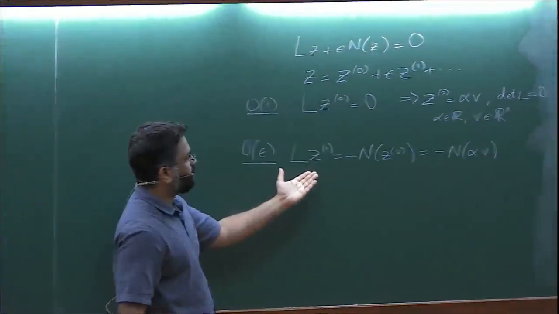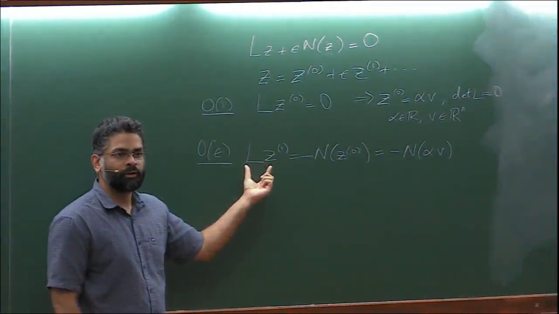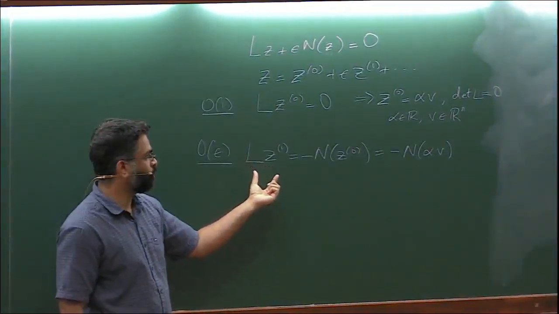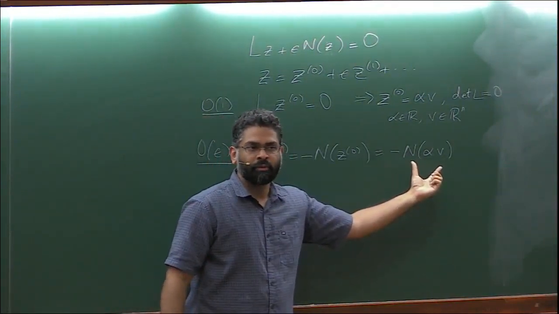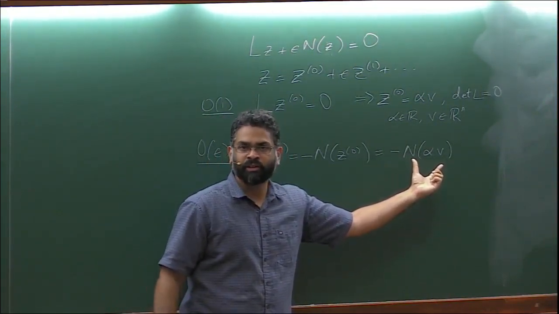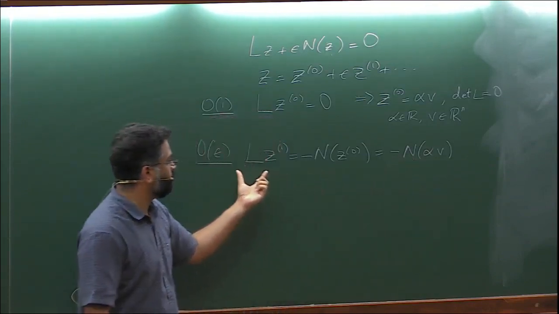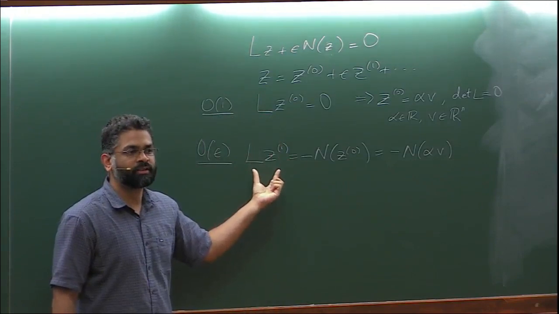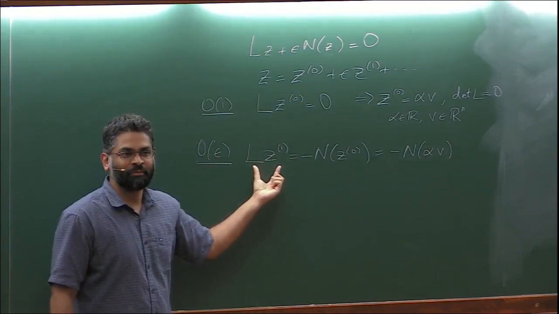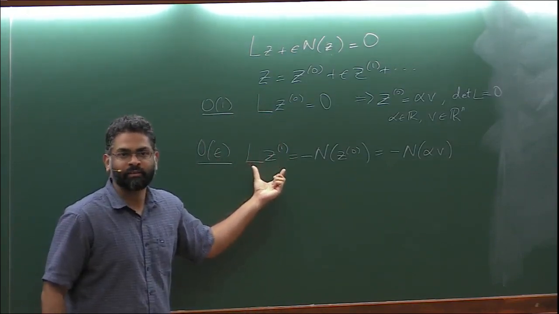Now, to solve this equation, since L is non-invertible, you have to have this right-hand side in the right space. So there's the Fredholm alternative condition. But you also will have an arbitrariness for Z1 because L has a null space.